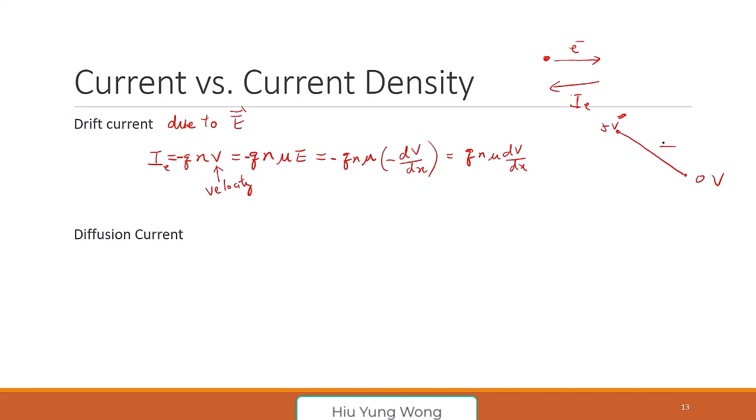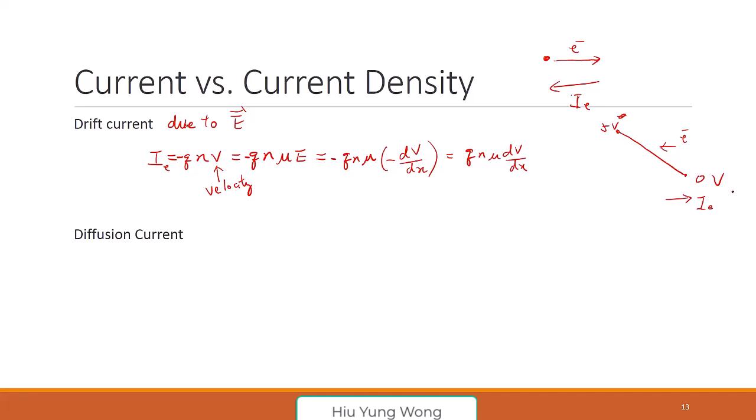It will try to go to this side. Did I have any typo? Right, so this is electron, right? It will go to the left. So you actually have a current going to the right.